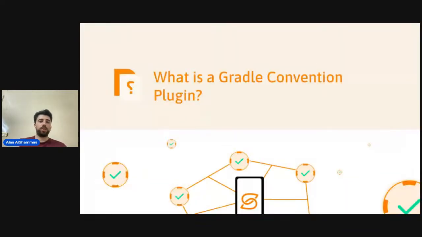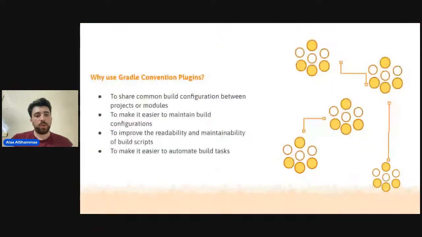So what are Gradle convention plugins? They allow you to share common build configuration between the projects or modules that you have. They make it easier to maintain build configuration because with this approach, you have only one module that you need to modify. Once you modify the build configurations, they'll be modified across all the modules that are using that configuration.